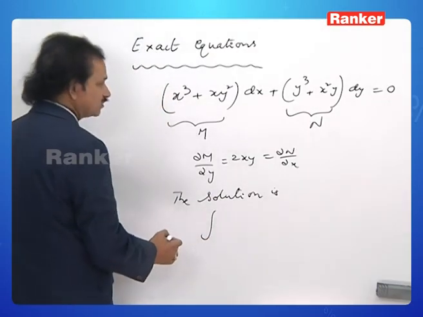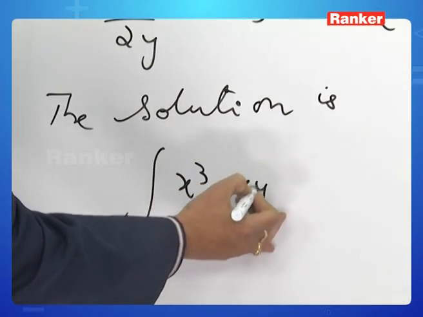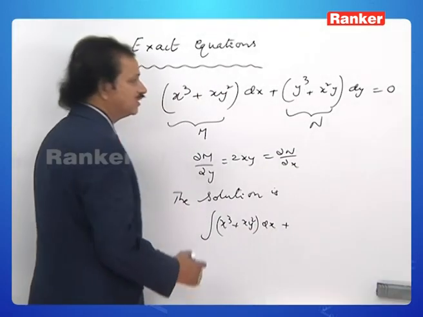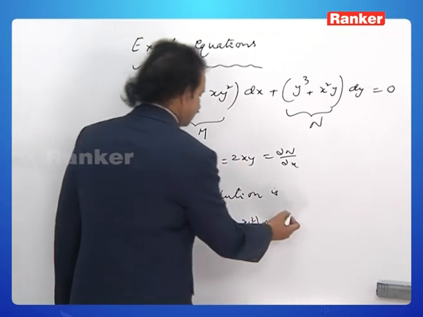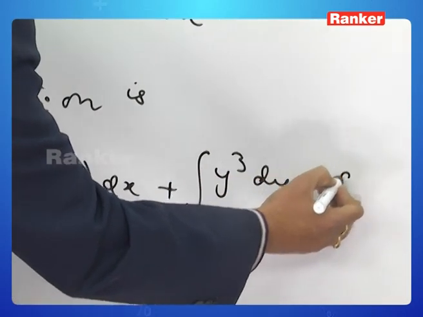integral M dx, (x cube plus x y square) dx, plus integral N dy, where terms free of x only are supposed to be considered. So this is y cube dy is equal to constant.